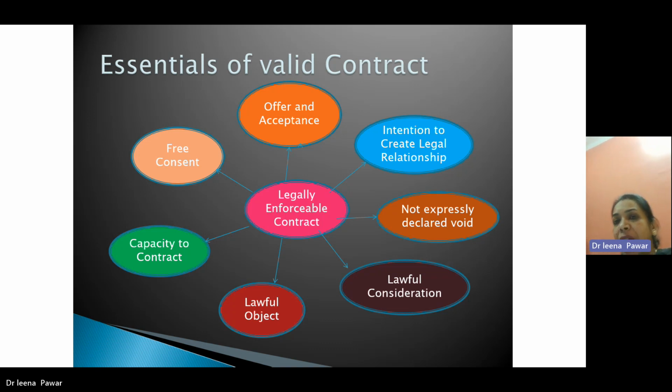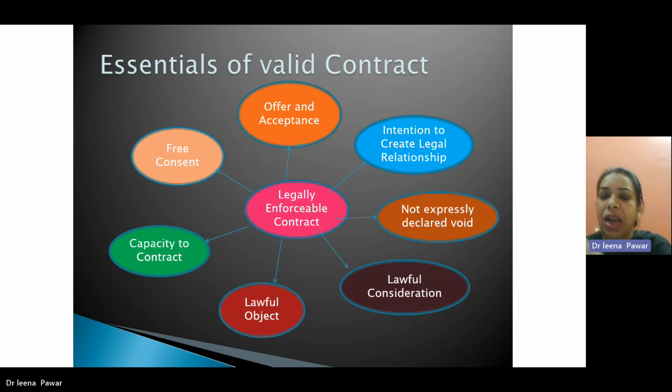When the parties enter into the contract, there should be the intention to create a legal relationship, because a contract is to be enforceable by law, it must create a legal relationship between the parties to the contract. Mere domestic and social agreements do not create any legal relationship or legal consequences.